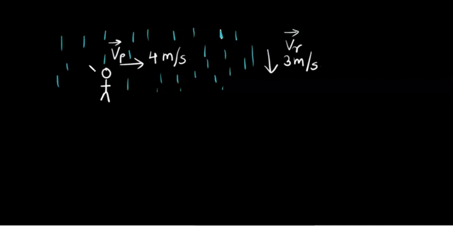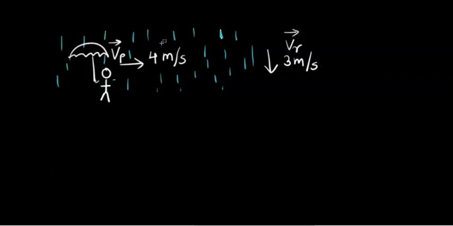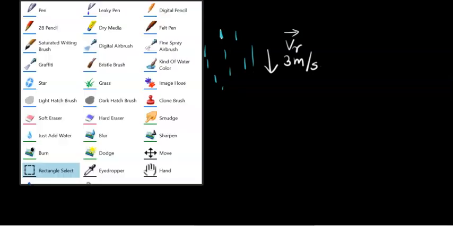Obviously it is not vertical, because if he holds the umbrella vertically upwards, then when he moves in the right direction, the raindrops will hit him. So let's see how they are hitting that person. Let me select one raindrop over here and move it.